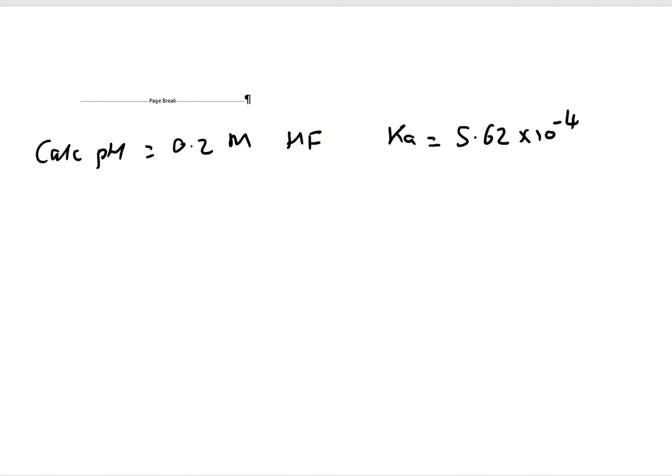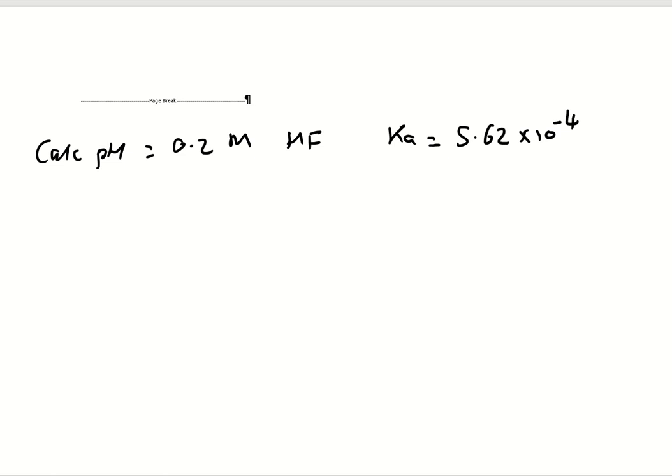Okay, so this time we've got to do the same thing again. We've got to calculate the pH, which is frequently what they'll ask us. This time we have a concentration of 0.2 molar. Our acid is hydrofluoric acid, and we have been given in our question a Ka of 5.62 times 10 to the minus 4. Again, you could probably pause the video now, have a go at this, and come back and check that you got the right answer.